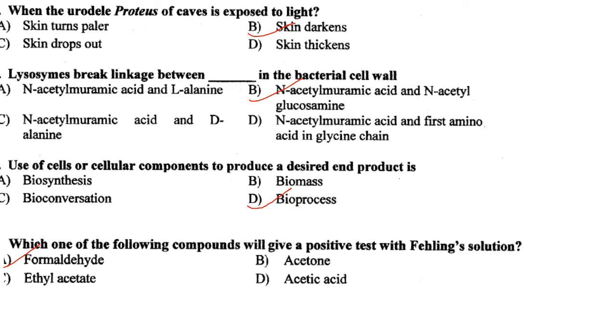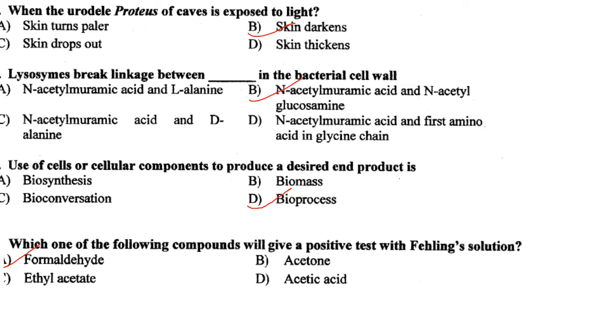Biotransformation, also called bioconversion, is the conversion of organic material such as plants and animal waste into usable products or energy sources by a biological agent such as microorganism. So the answer here is use of cells and cellular component to produce desired end product is called bioprocess. And biosynthesis is the production of complex molecules within the living organism of cells.